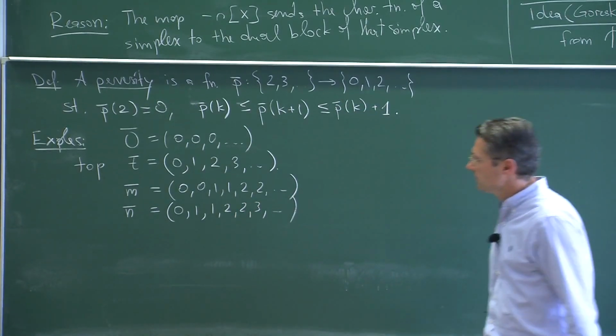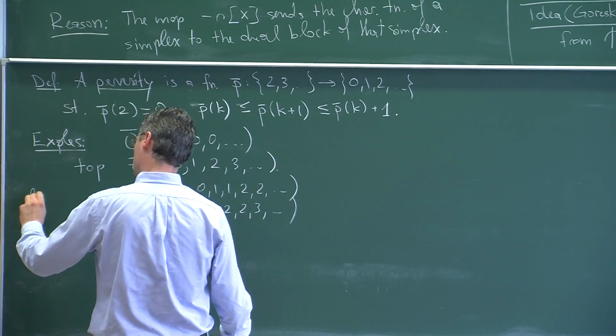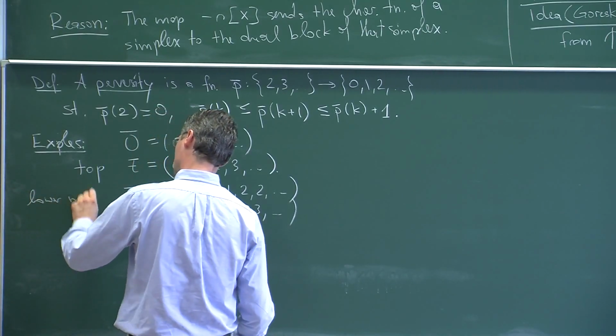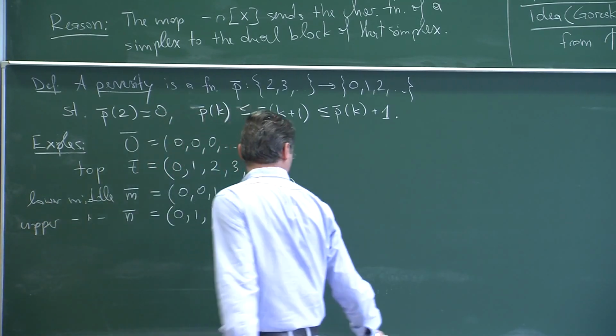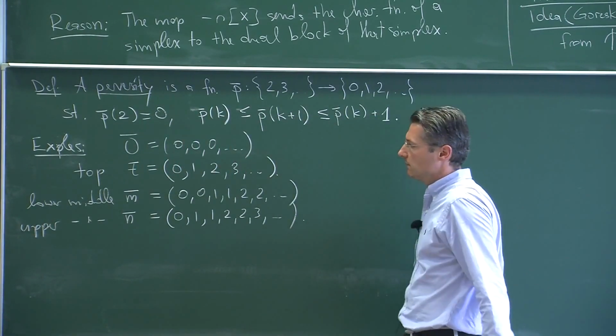Right. So this is called the lower middle perversity, and this is the upper middle. Okay, so these are rather important.